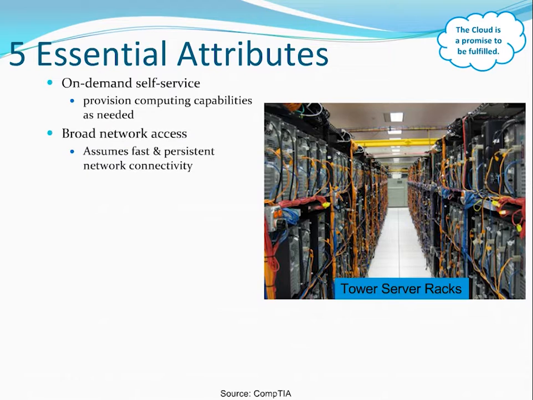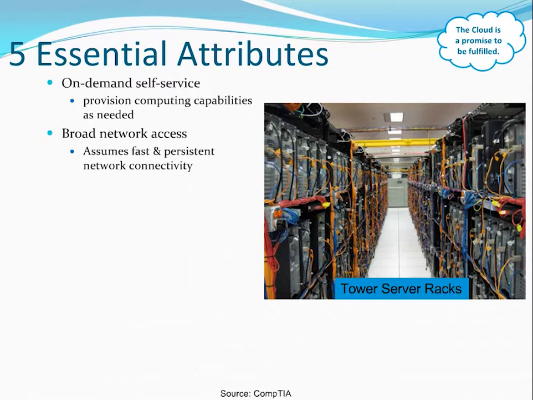Here's another one, is broad network access. That really means that the assumption is that everyone who needs cloud computing, and that's just about everyone, small businesses, large businesses, that anyone who needs it, first of all, has access to a very fast data connection, at least for the internet, and that it's persistent.